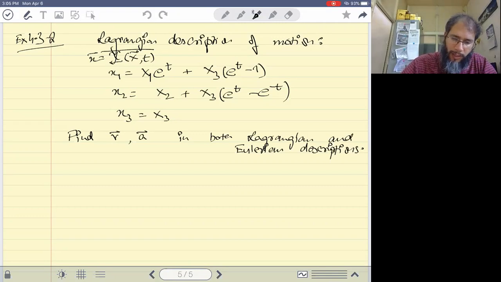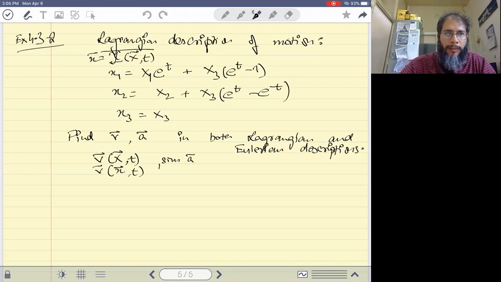What that means is you are asked to find V as a function of capital X and t, and V as a function of small x and t, and similarly for acceleration A. Okay, so it's quite straightforward.